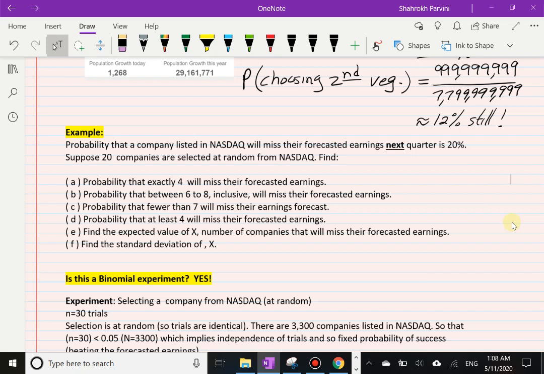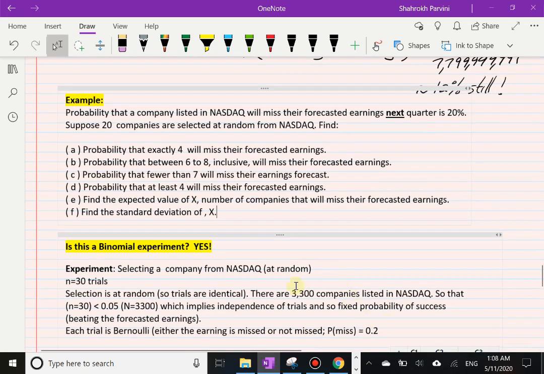So that implies independence. If I remove one company and don't put it back in there, the 20% probability is not going to change. So that implies the independence of trials, so that fixed probability is sound, it's preserved.